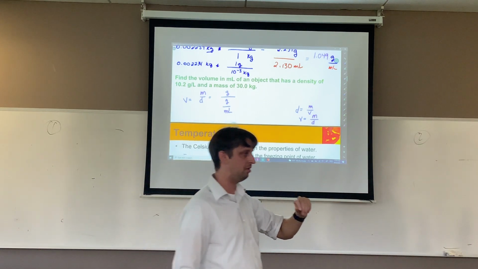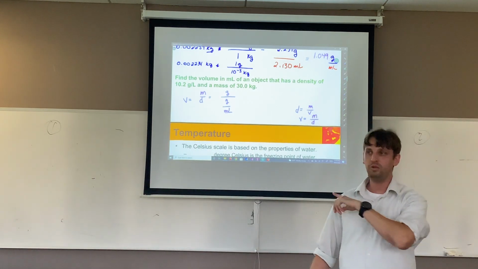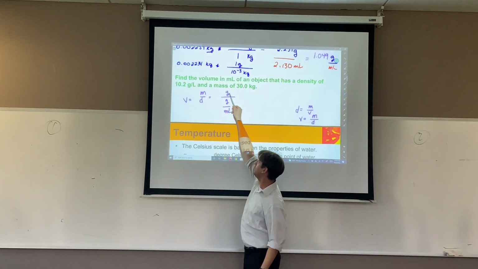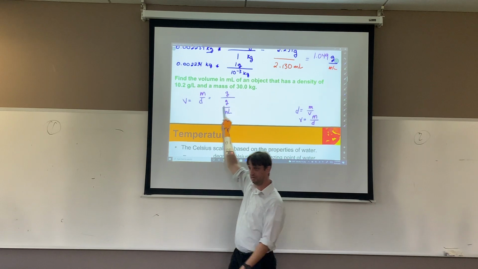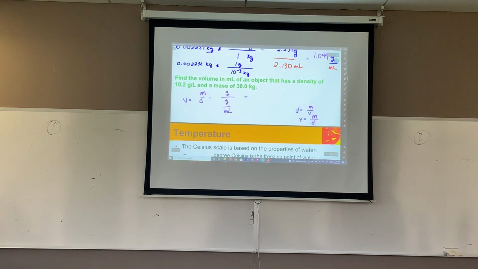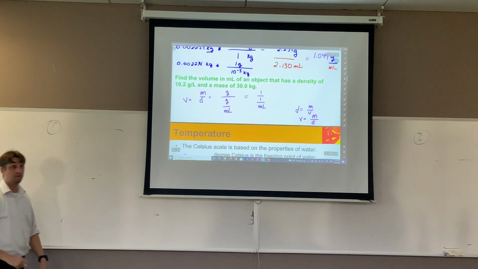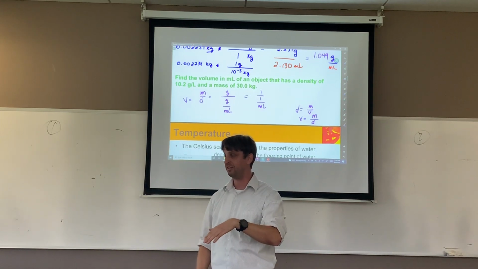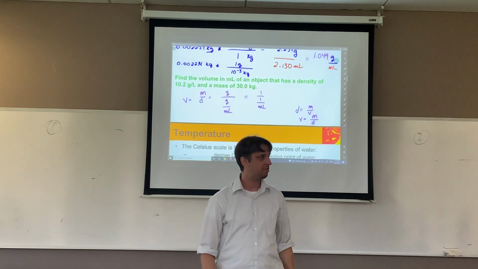This is the tricky part. What will my units be in my answer? Does grams cancel out with grams? Yeah. So if we just simplify this, we're left with 1 over milliliters. And what happens with 1 over milliliters? It just turns into milliliters.